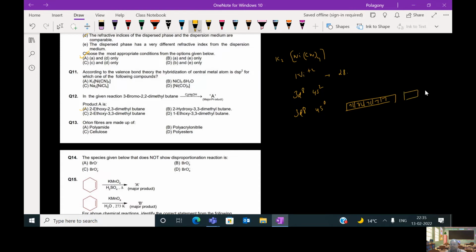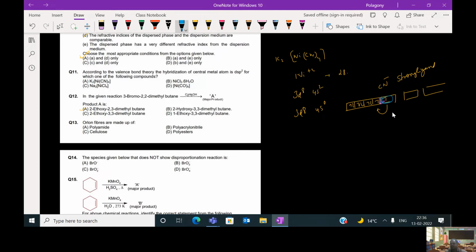Here is 4s and here is 4p. What kind of ligand is it? Cyanide ligand is present, and cyanide is a strong ligand. Since it is a strong ligand, it can cause the pairing of electrons here. So the electrons will be paired up, and when the electrons are paired here, one d orbital is now empty.